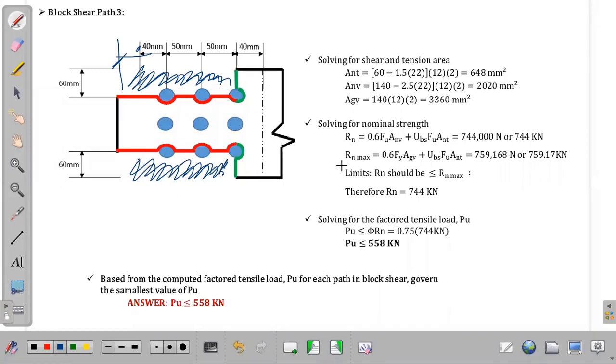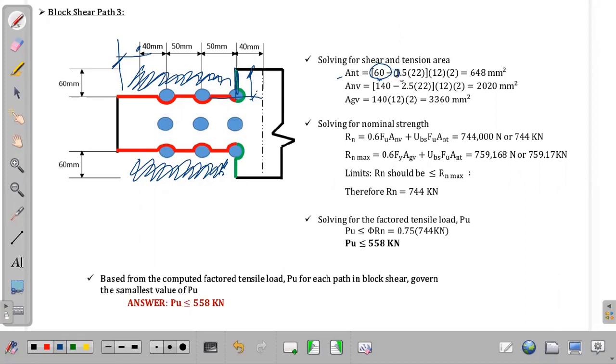Okay? So, the same process doon sa first part and second part natin, we need to solve for the shear and tension area. So, A and T, that is 60. Bakit 60? Yan yung 60. Okay? 60 minus, this is a 0.5 tension.